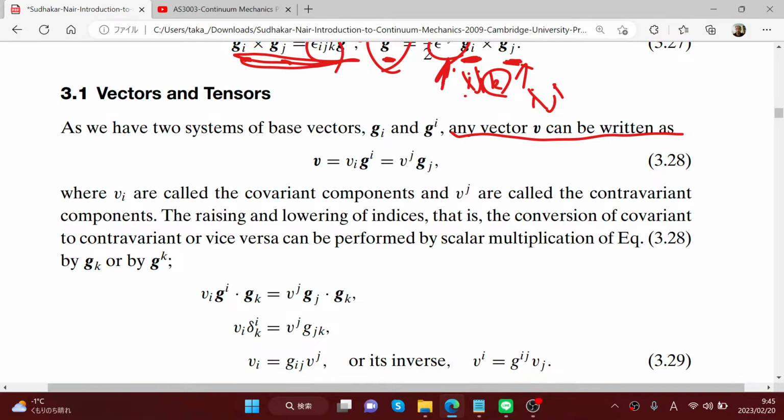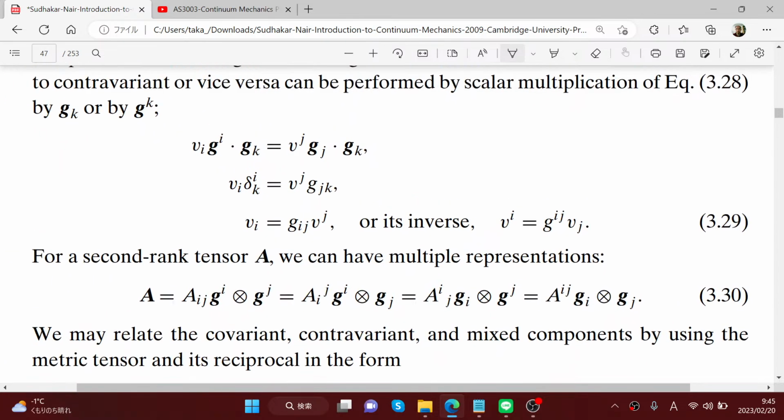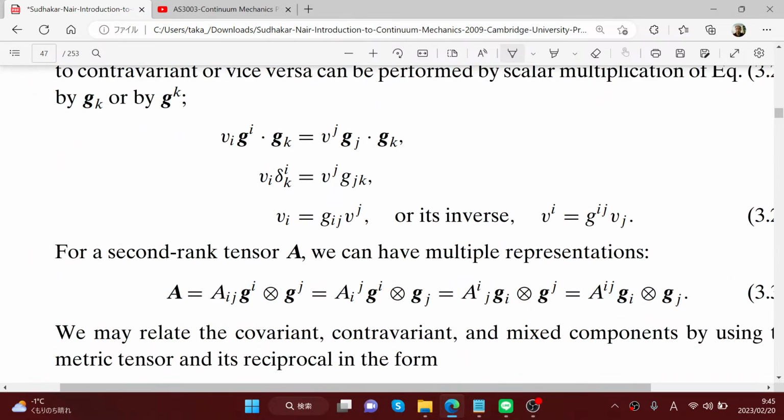Anyway, okay, he called this scalar multiplication. So the left part, this is Kronecker, and this is tensor.